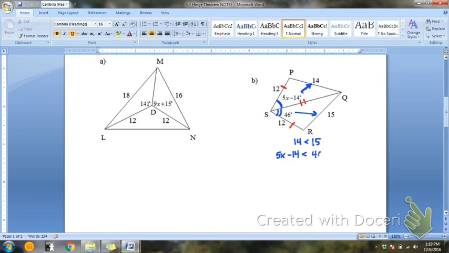So we're going to write our 46 here. Go ahead and solve it for x. Emily said she has x is less than 12.